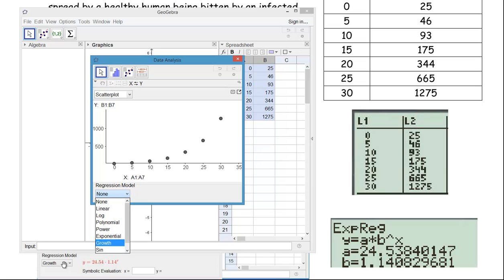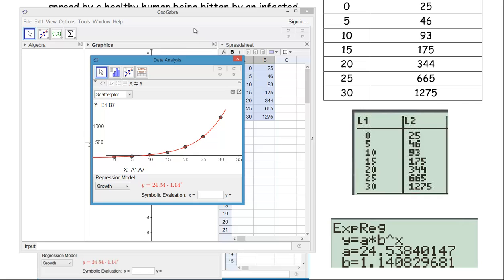So you click on growth, and see, that's where that equation comes from. So this is the model here. The population is 24.54, almost exactly the initial amount, times 1.14 to the power of x. So that's how you do this with GeoGebra.